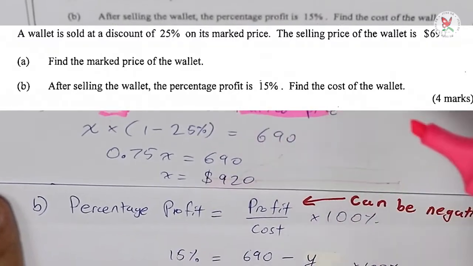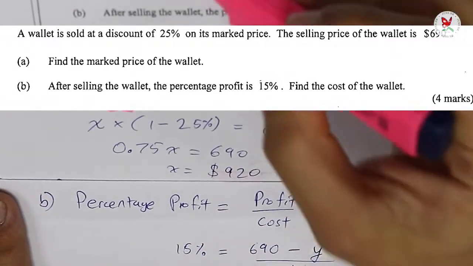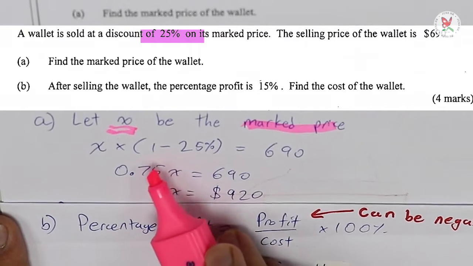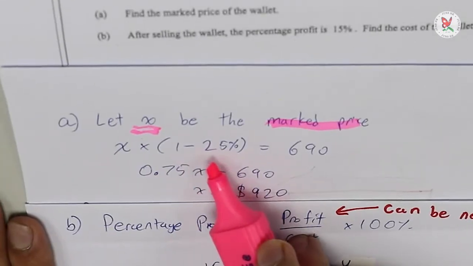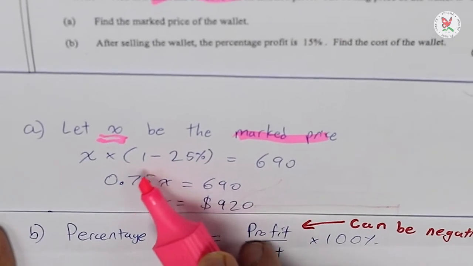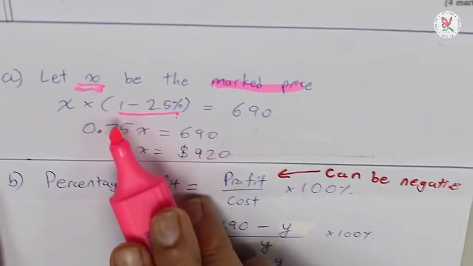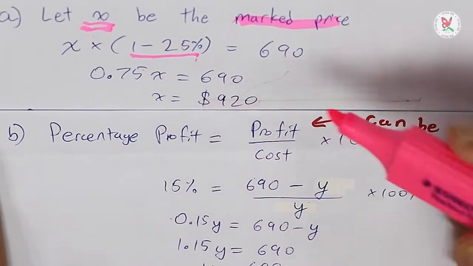The discount is said to be 25%. So we have the original price, let's say 1, and we subtract 25% out of that. That's why we do 1 minus 25%.